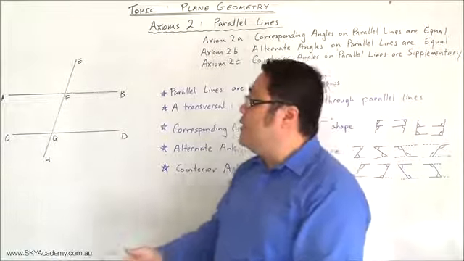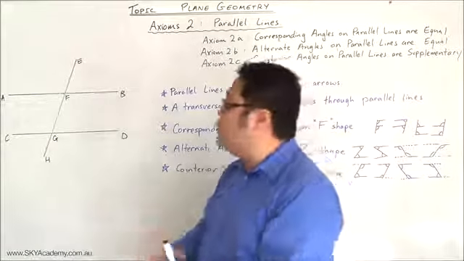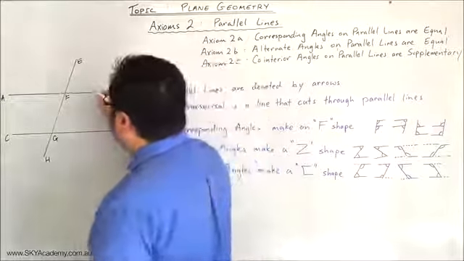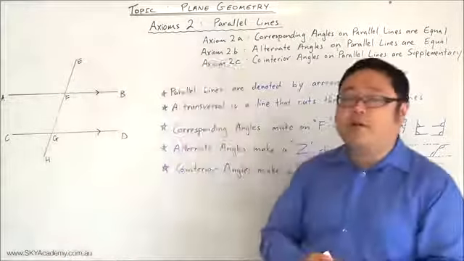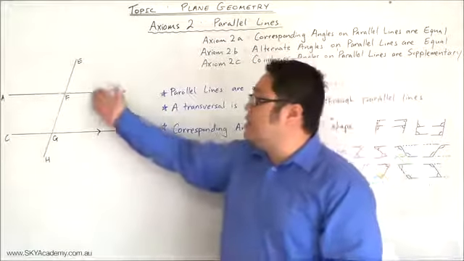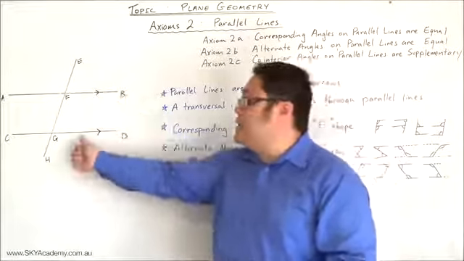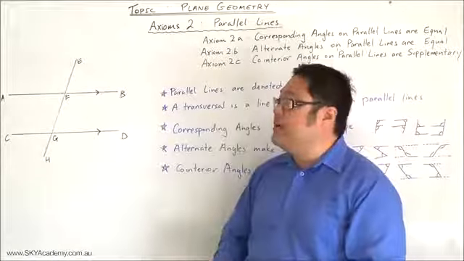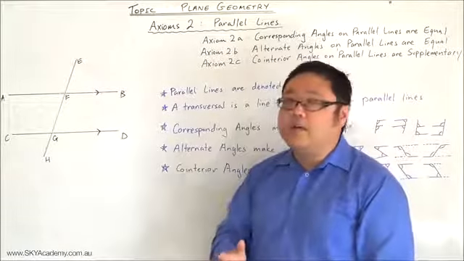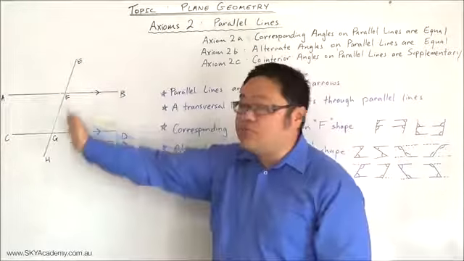Now, we show that two lines are parallel by putting an arrow on both of those lines, to show that this line goes in this direction and this line goes in the same direction. The arrows indicate that. Sometimes on parallel lines, you will have a line that cuts through it.